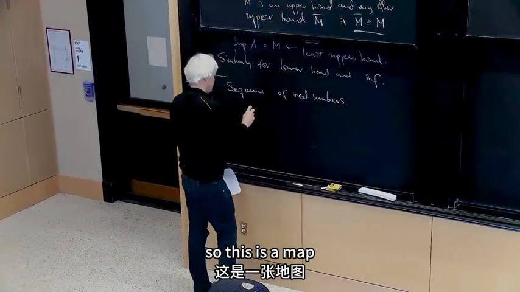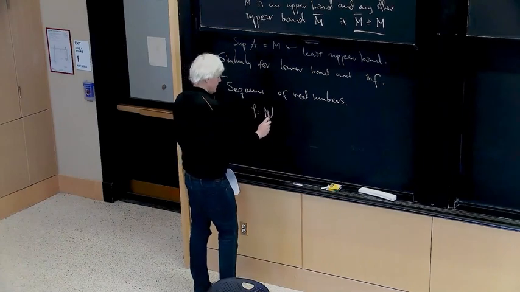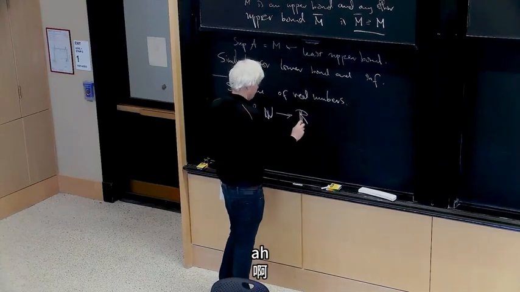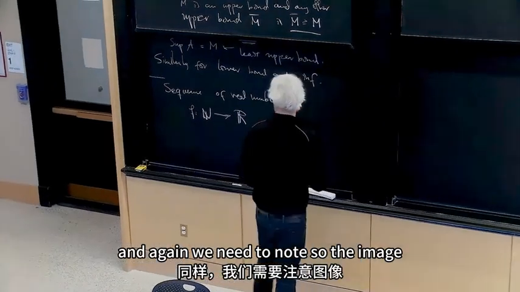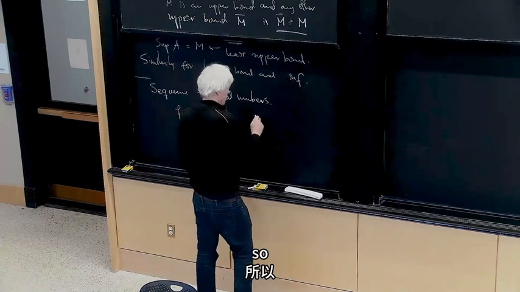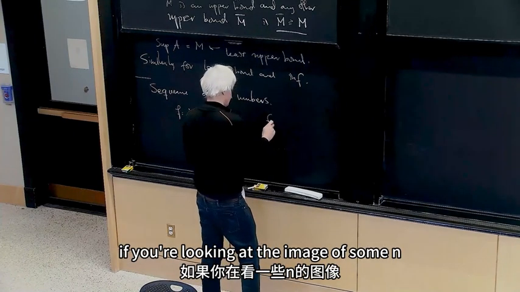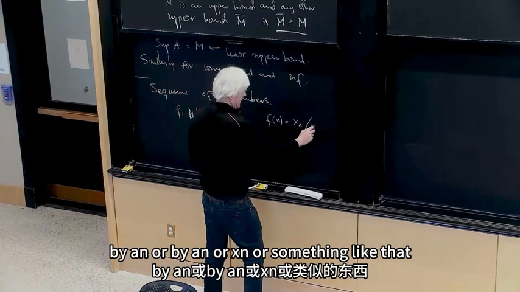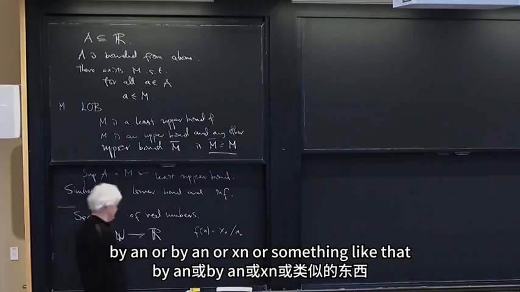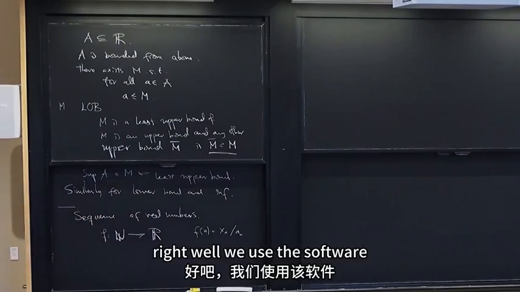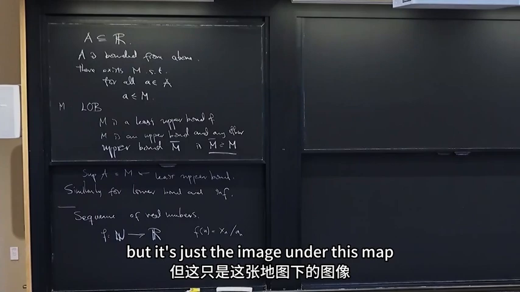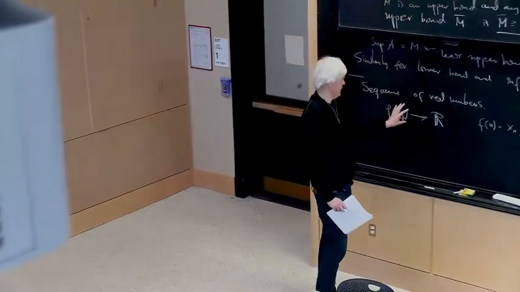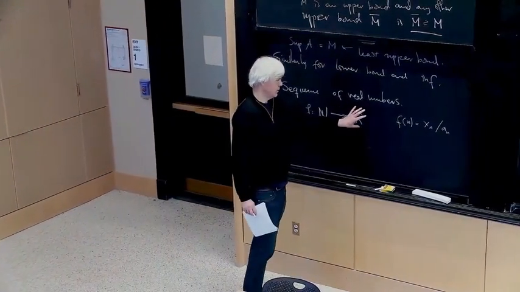So this is a map from the positive integers into R. And the image of some n we typically denote by a_n or x_n or something like that, where we use the subscript, but it's just the image under this map. So for each positive integer, you get a real number.